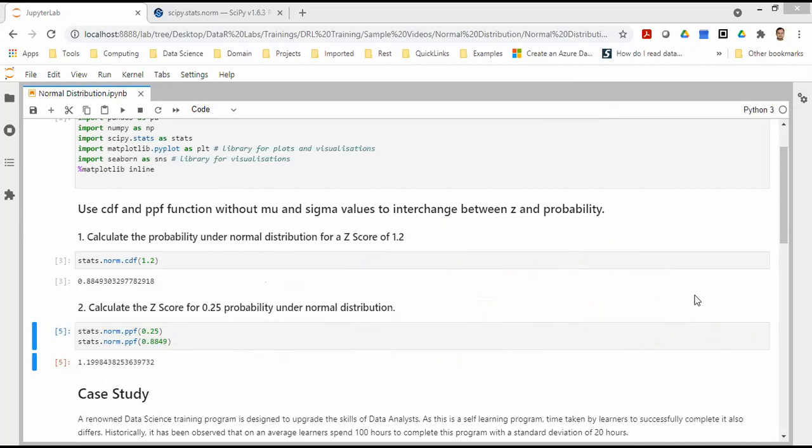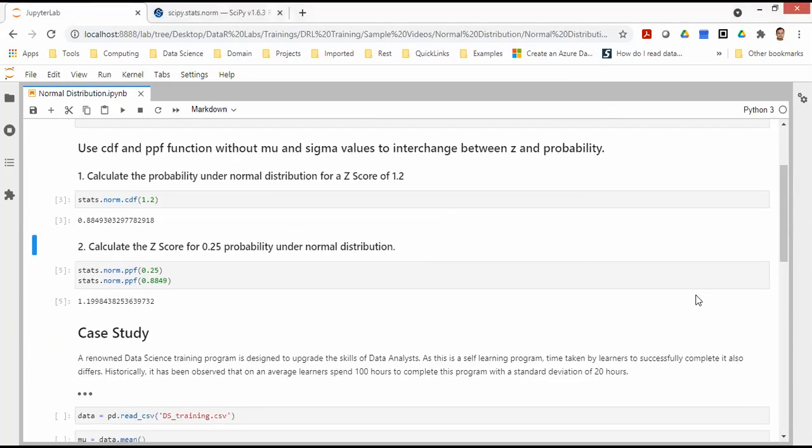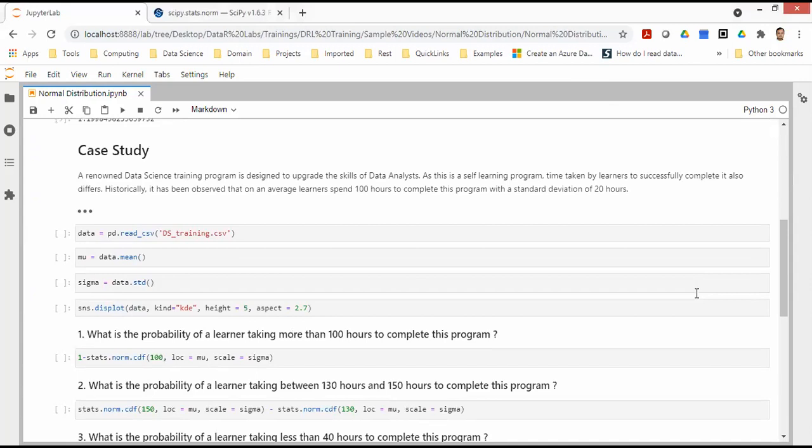Let's try to understand how to use these functions to get a better sense of the business problems, or a more intuitive understanding, or try to answer the questions of different events occurring and what kind of probabilities they carry with them. For this, I have a simple data which corresponds to a data science training institute.